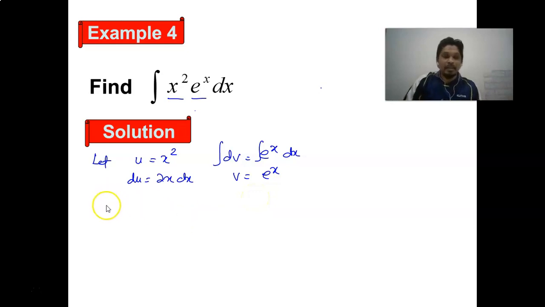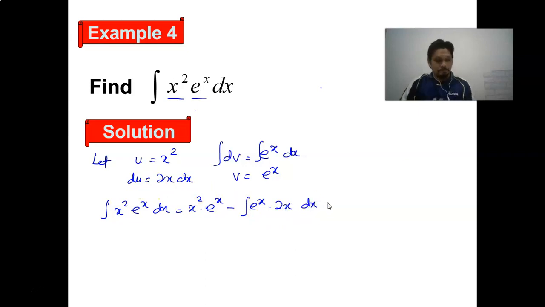Okay, so then the integral of x squared e^x dx equal to uv, x squared times e^x, minus the integral of v, e^x, du equal to 2x dx.